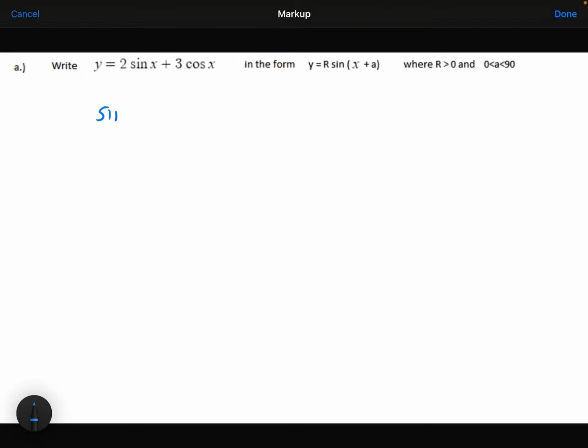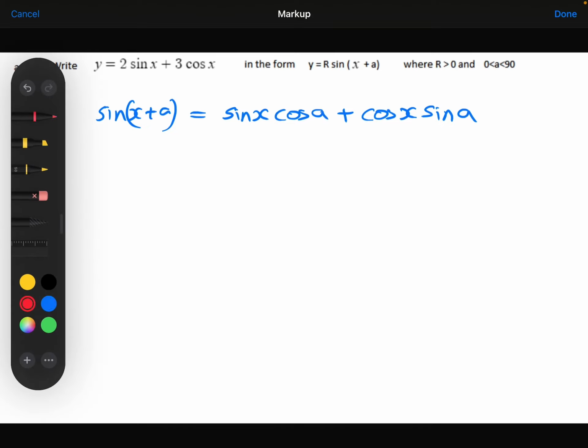So sine of (x plus a) would be equal to sine x cos a plus cos x sine a. That's me just substituting x plus a into the addition formula. And notice that we are multiplying this by r at the front, so multiplying by r there, there, and there.